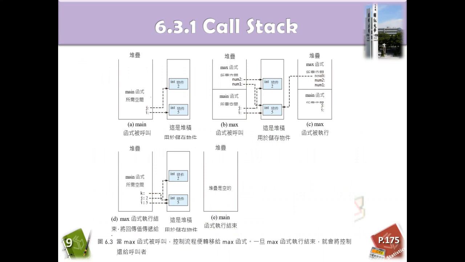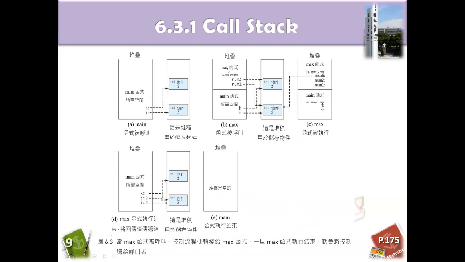Actually, this is a stack. The main function was called, and main needs space for the two objects. This is the first int, this is the other one, and they will stay here. So int 2, object 2 and object 5 will go to the places they need.